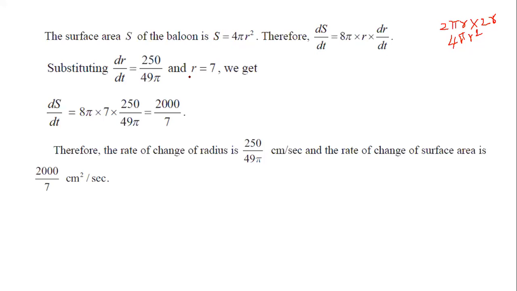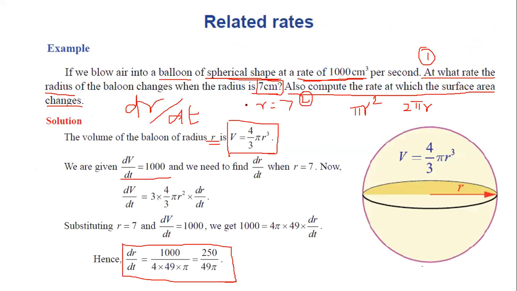So substituting r equal to 7 here, and then dr by dt is what? 250 by 49 pi. In the last slide we found that dr by dt is 250 by 49 pi. Keep it as result number 1.